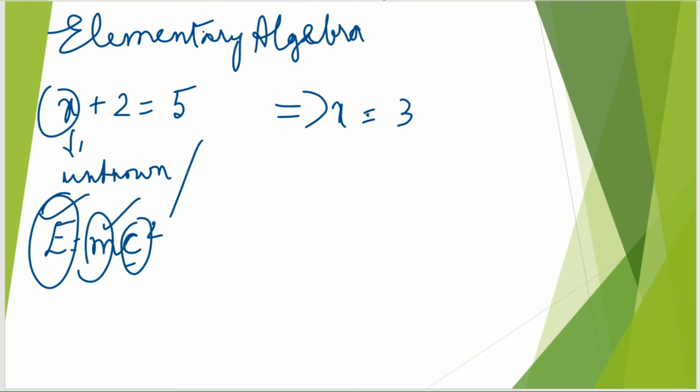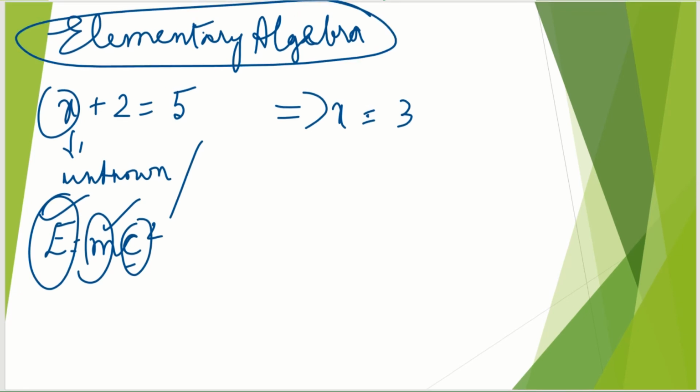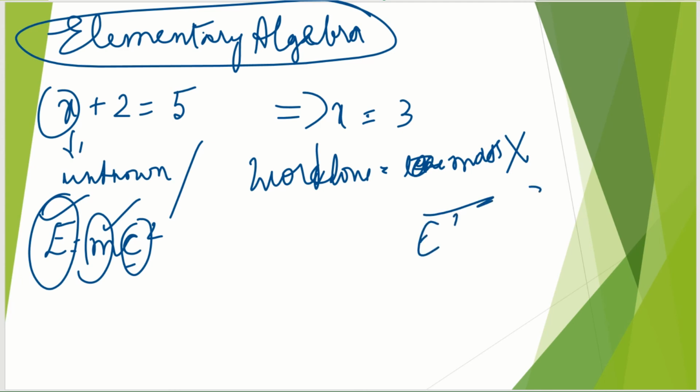So algebra gives methods for writing these formulas and solving equations that are much clearer and easier than the older method of writing everything in words. So algebra will help us very easily in writing those formulas, rather than the old method of writing that work done or energy is always equal to the mass of the object multiplied by c and the square of it.